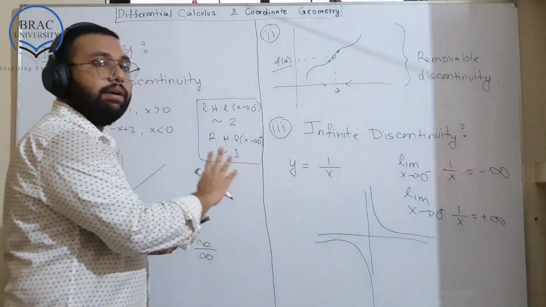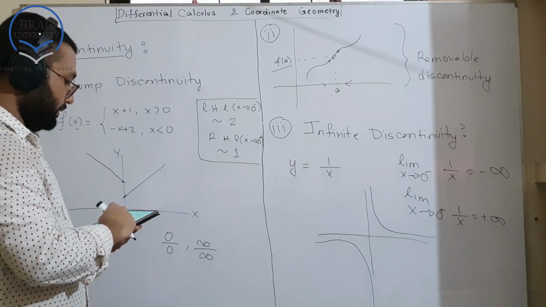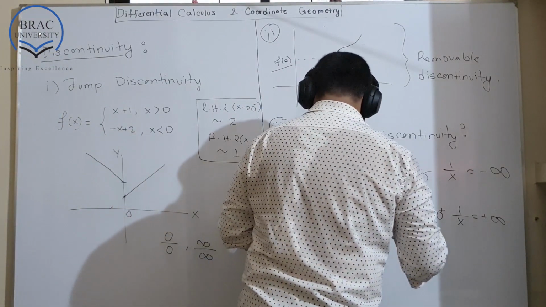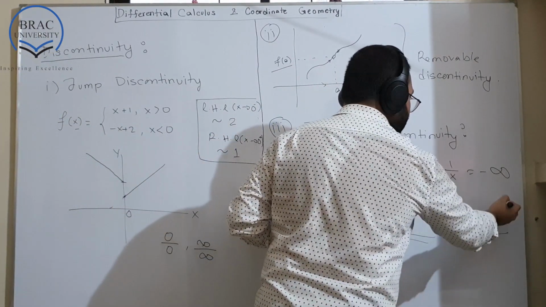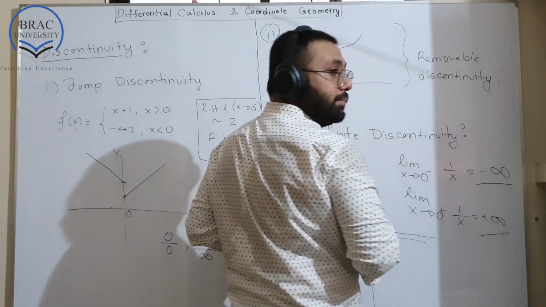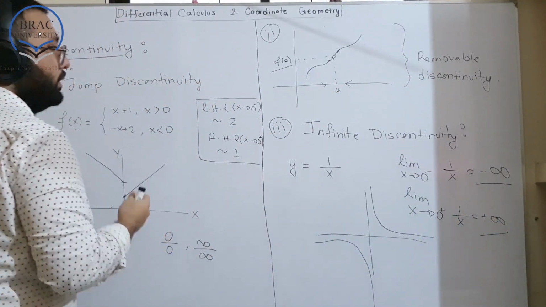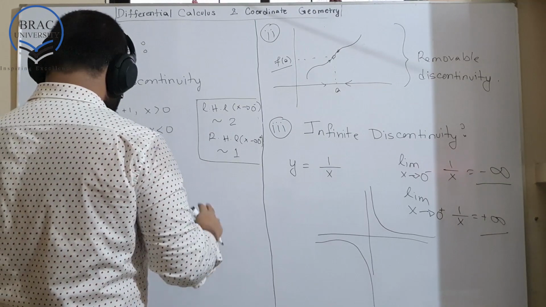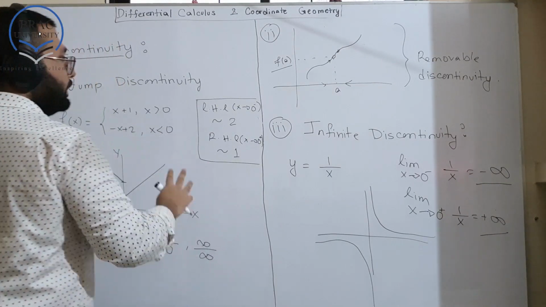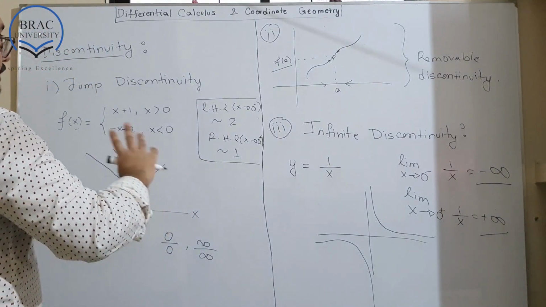And these two are completely different things. It's like having an infinite amount of money, positive infinity, and an infinite amount of debt, loan, negative infinity. This is an example of infinite discontinuity.